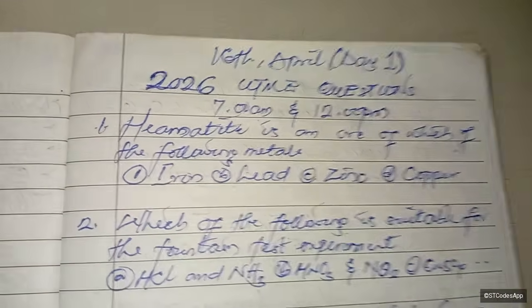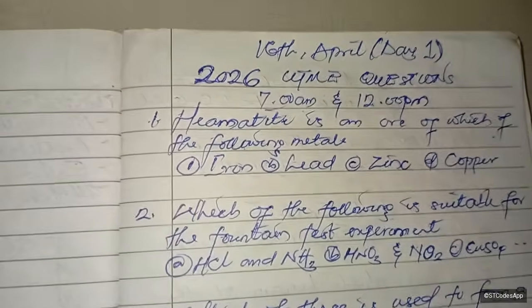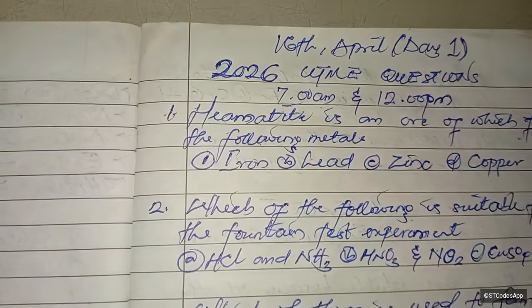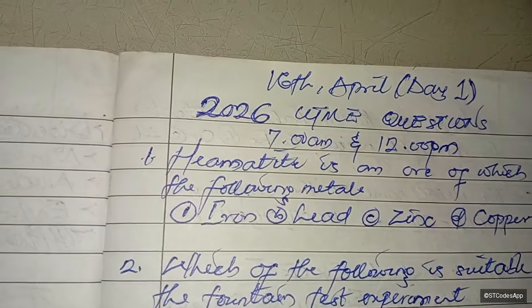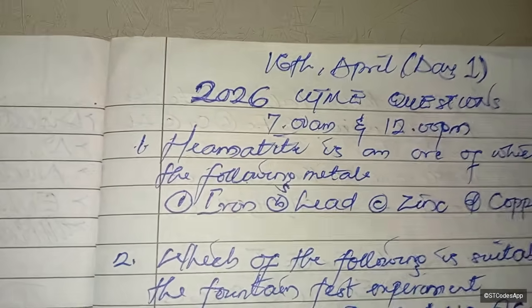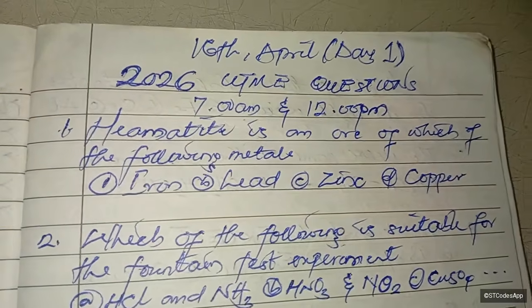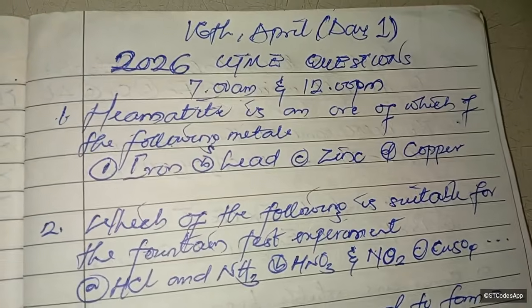Now in this video, I'm going to be sharing with you some of the questions that came out today in the UTME exam, in the first, second and third sets that were scheduled for today.